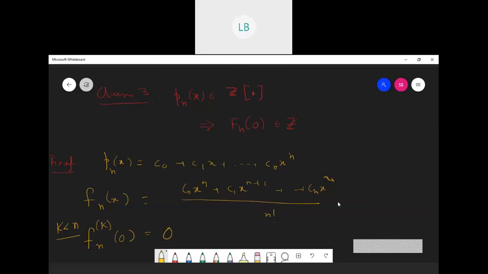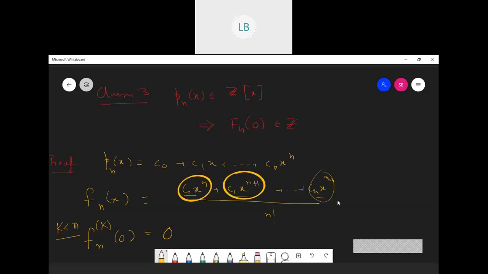So you can see each and every term in this f_n(x) has a power of x at least n, right? Now, when we are differentiating it k times, where k is less than n, then in each term, when you differentiate this term k times, there should be some positive power of x remaining after the differentiation is done, right? Again, in this term, if you differentiate it k times and k is less than n, so this is n plus 1, then there will be some positive power of x remaining, and so on for all the terms here.